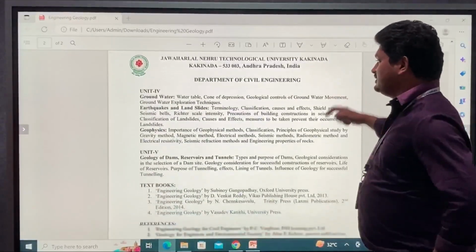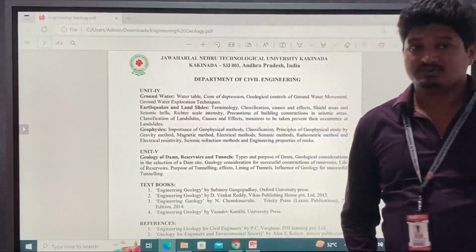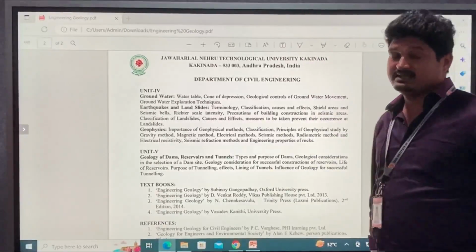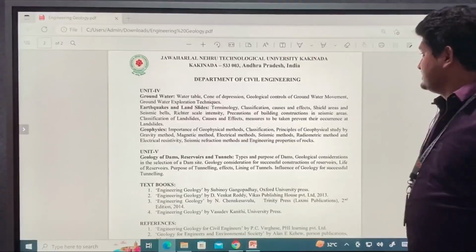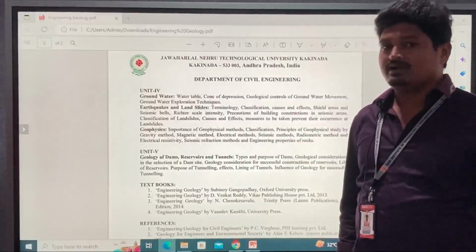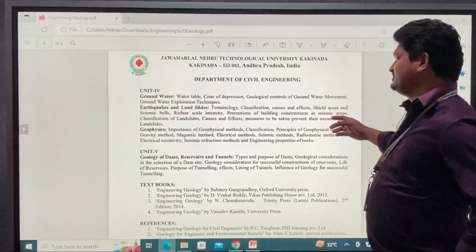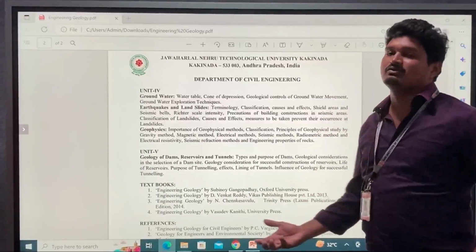In unit 4, we learn what type of physical processes go on at the surface and subsurface. On the surface, we study river landforms, wind landforms, and glacier landforms. These are the surface features. The subsurface is groundwater movement.